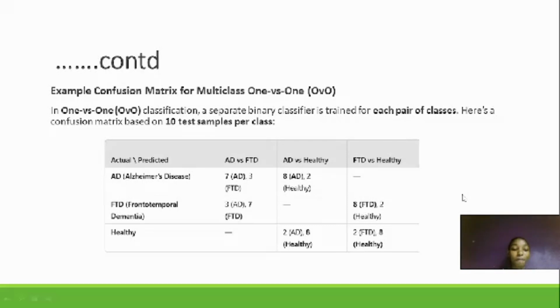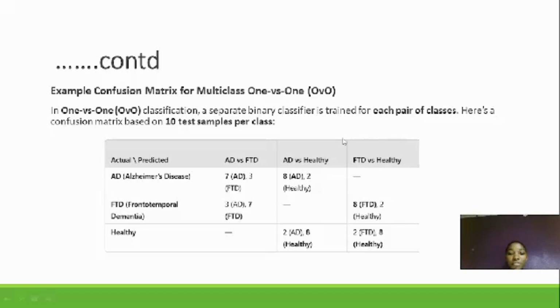For this case, still there will be 3 classifiers. For example, you give each pair a class: the first pair Alzheimer's and frontotemporal, the second pair Alzheimer's and healthy cases, and the third pair frontotemporal and the healthy cases. Each classifier has to come out with a prediction.